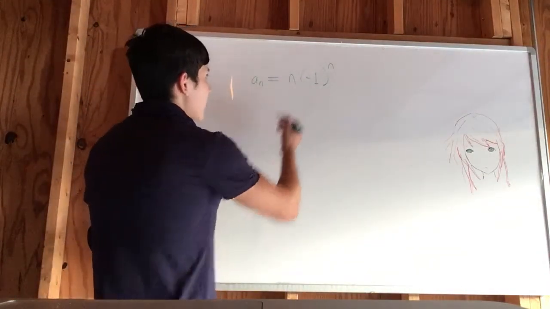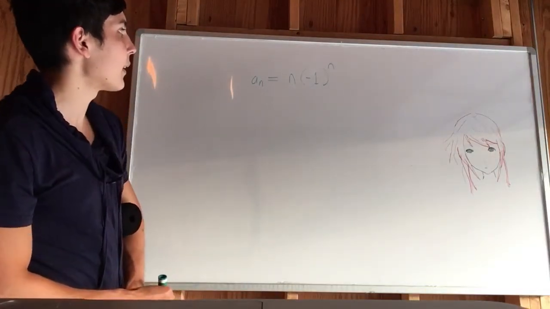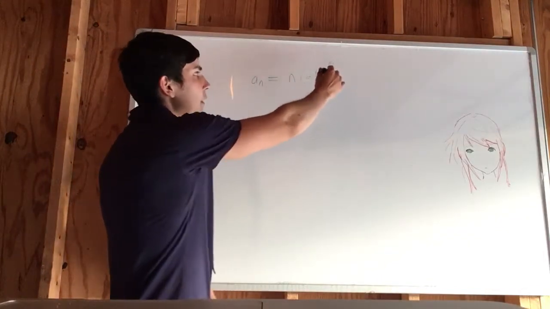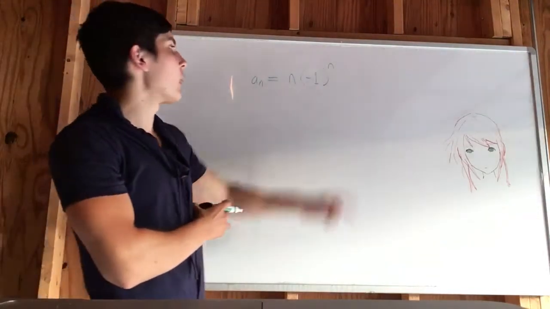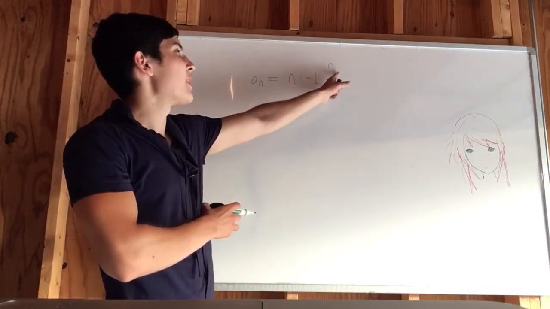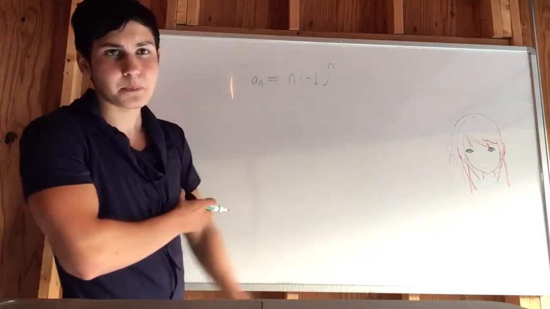Well, with this one, we could just reason about it, because we've got a (-1) here. So if we were to plug in values, plug in 1, you get a negative. Plug in 2, you get a positive. Plug in 3, you get a negative.